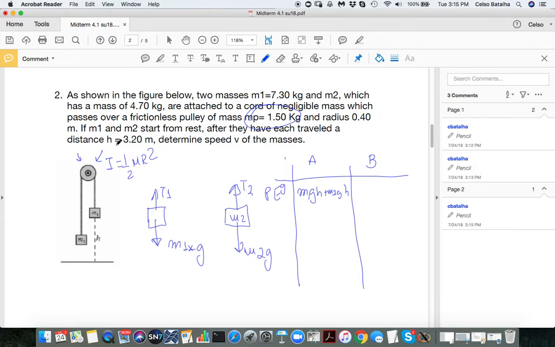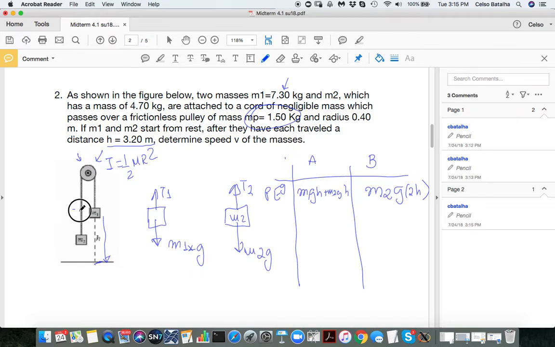And then after they move a certain distance, the heavier one, which is M1, hits this bottom line, and the lighter one, which is M2G, goes up to h. So if M1 is the heavier one, it's going to go down h, right?